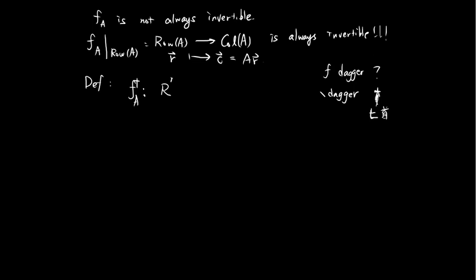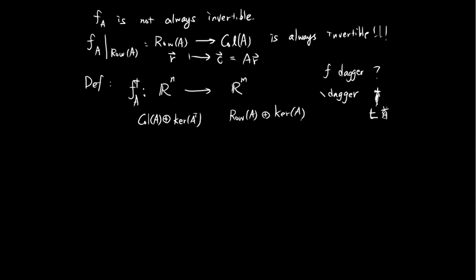The inverse will send R^n back to R^m. If you look at R^n, it is the column space of A, direct sum with the left kernel. On the other side, R^m is equal to the row space, direct sum with the kernel.